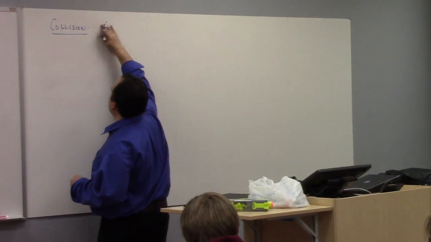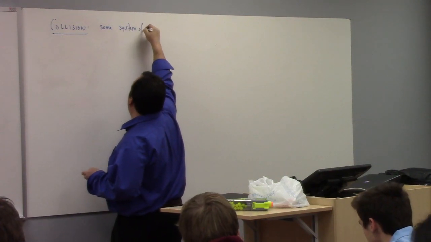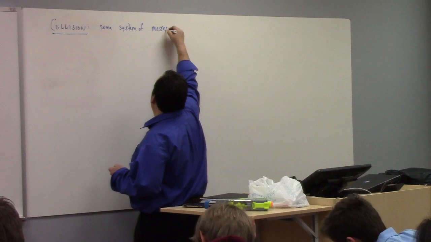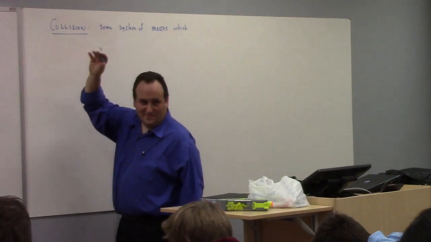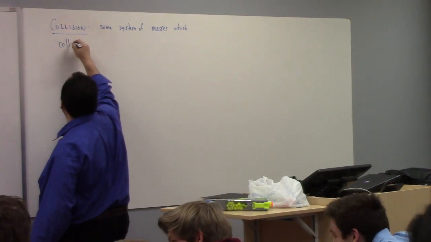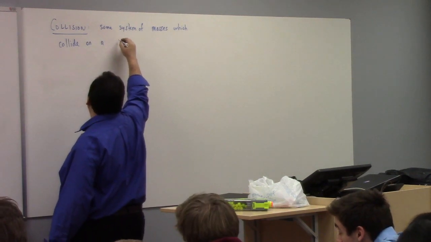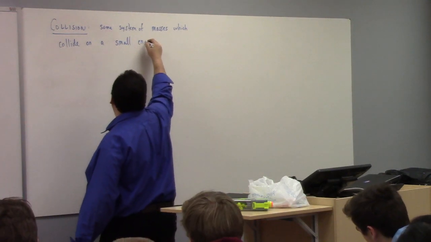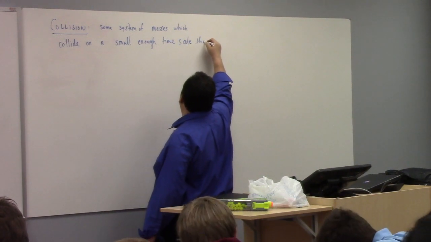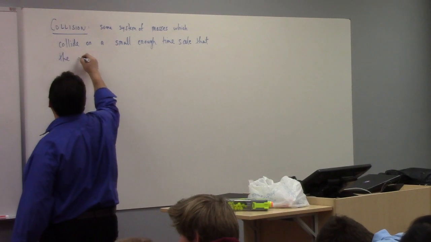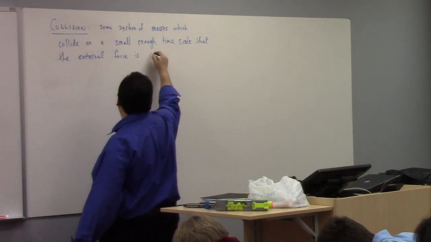A collision is basically when you have some system of masses which, well, I know this seems a little bit circular, but forgive me, collide on a small enough time scale that the external force is negligible.